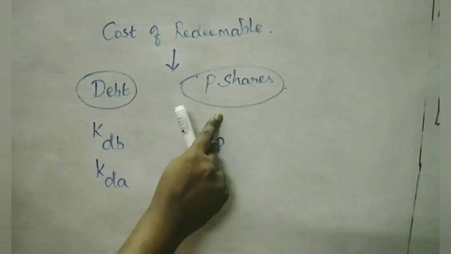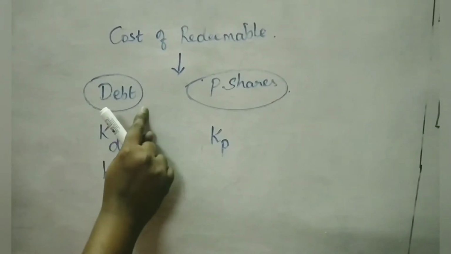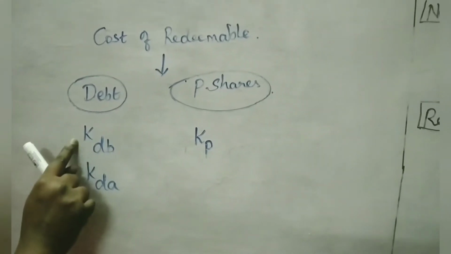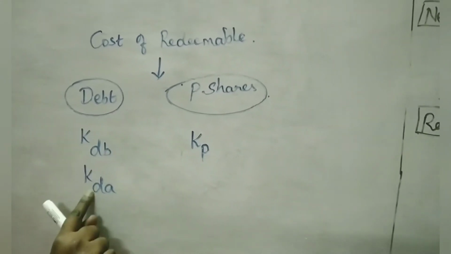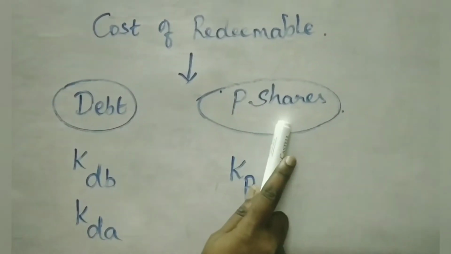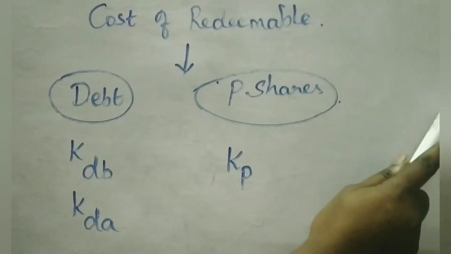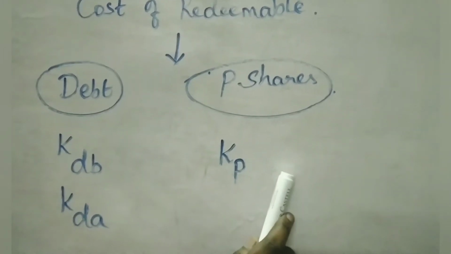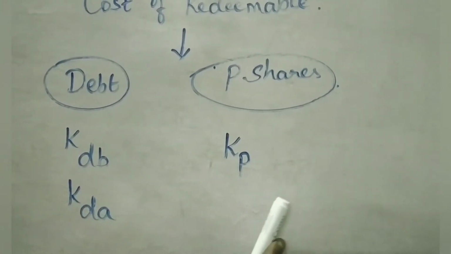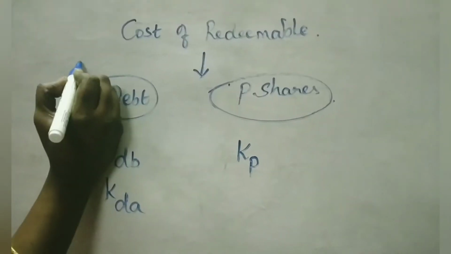The difference is redeemable debt has tax advantage. So, we calculate cost of debt before tax and cost of debt after tax. For redeemable preference shares, there is no tax advantage. So, cost of preference share before tax and after tax is not necessary.